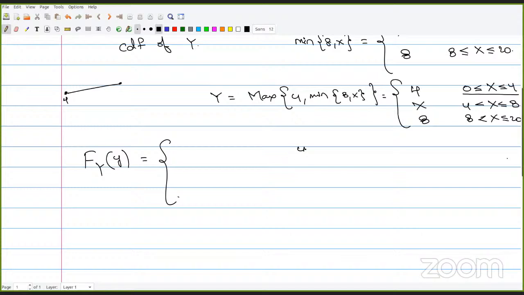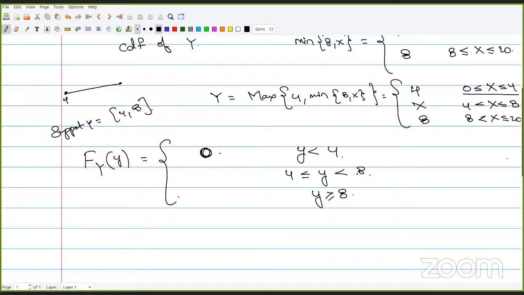So y less than 4 is one case, y in between 4 to 8 is another, and y greater than or equal to 8 is another. First of all, the support of y is 4 to 8, so y cannot be less than 4, so it will be 0.